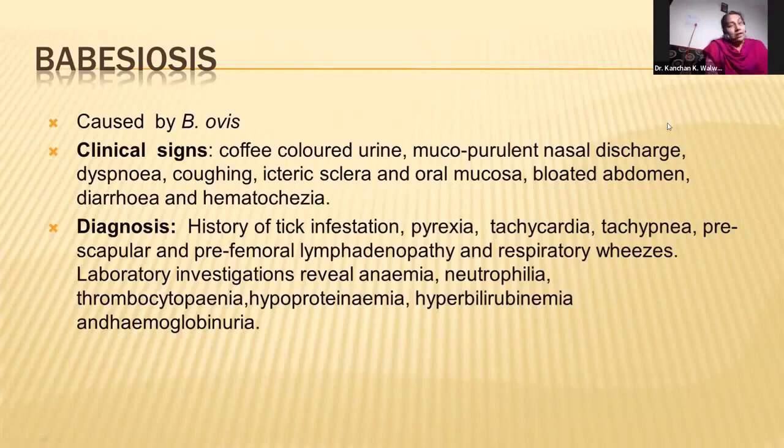The Ehrlichia settles in the spleen for long times, for many years, and the Babesia goes and settles in the renal parenchyma, renal tissue. So to eliminate infection from these tissues is very difficult.